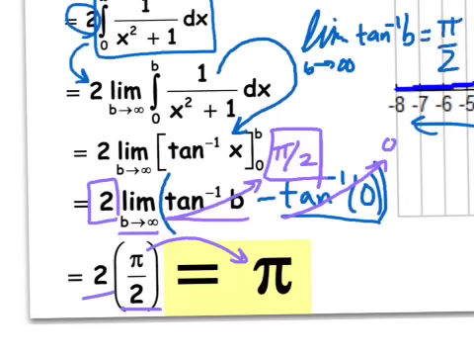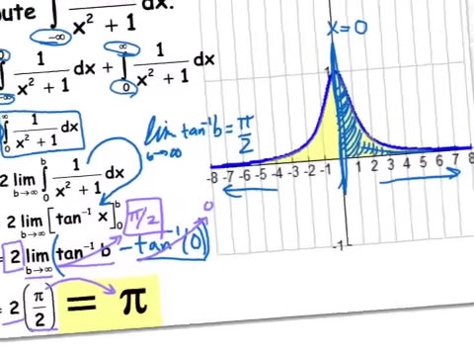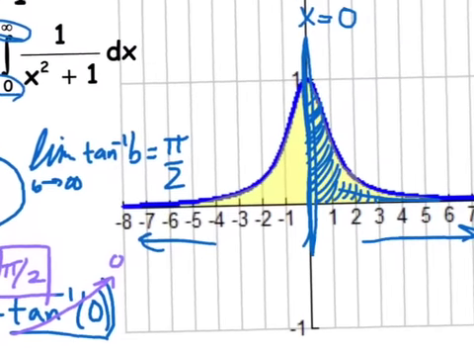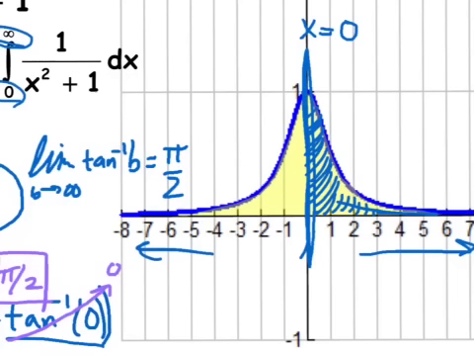So let's go back to the graph paper I have on here, and I'll try to make this as fast as I can. Let's justify to ourselves that the limit as b goes to infinity of the inverse tangent of b is equal to pi over 2. Or for that matter, we could justify to ourselves that the inverse tangent of 0 is equal to 0. I mean, that's probably just as worthwhile.